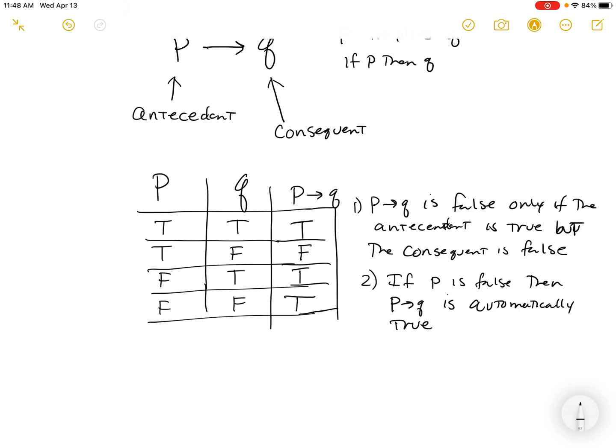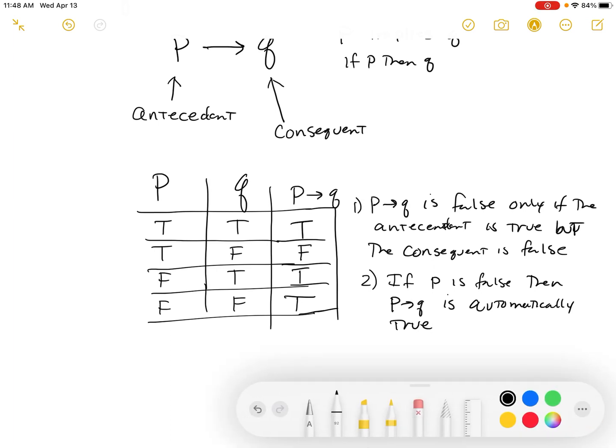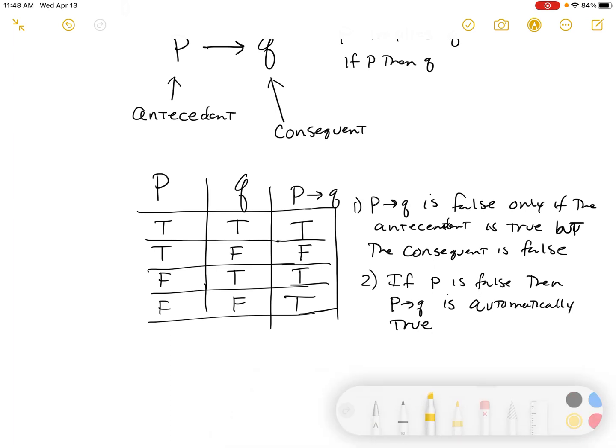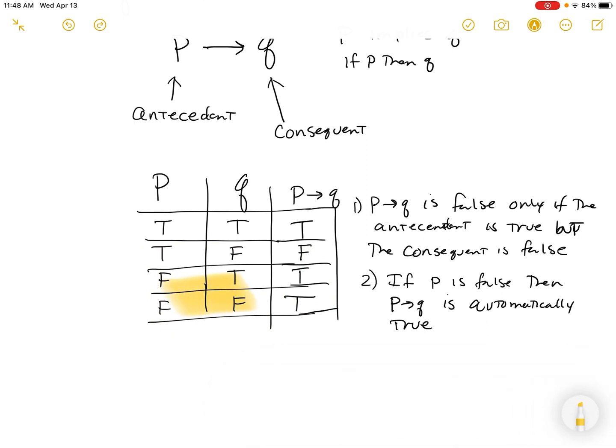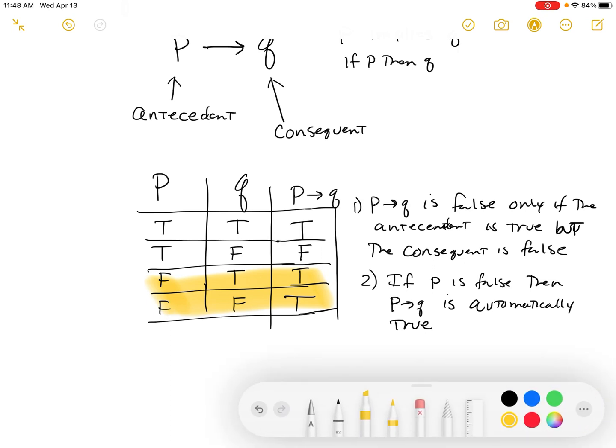You are only making a statement if that first thing is held, then the second thing has to happen. But if the first thing is not held, then you're making no statement, so it's automatically true. So where is that? That's these conditions right down here, these last two. That's these guys right here. If P is false, if the antecedent is false, then it's automatically true.